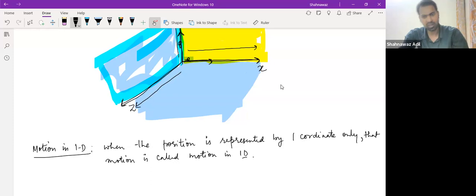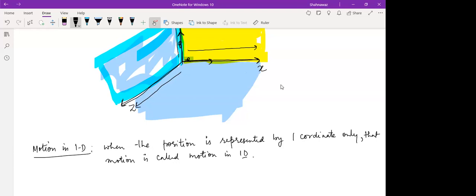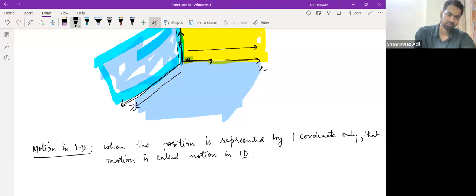Okay. And what would be the motion in 2D? So when we require how many coordinates? Two coordinates, right? And I'm talking about a straight line only.